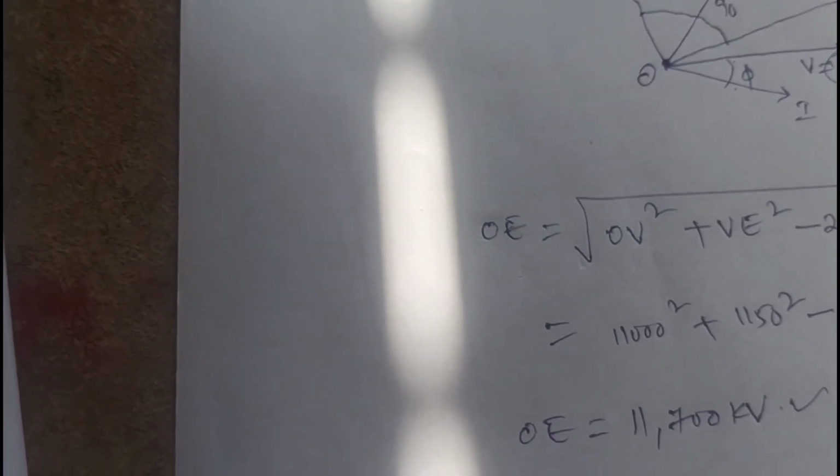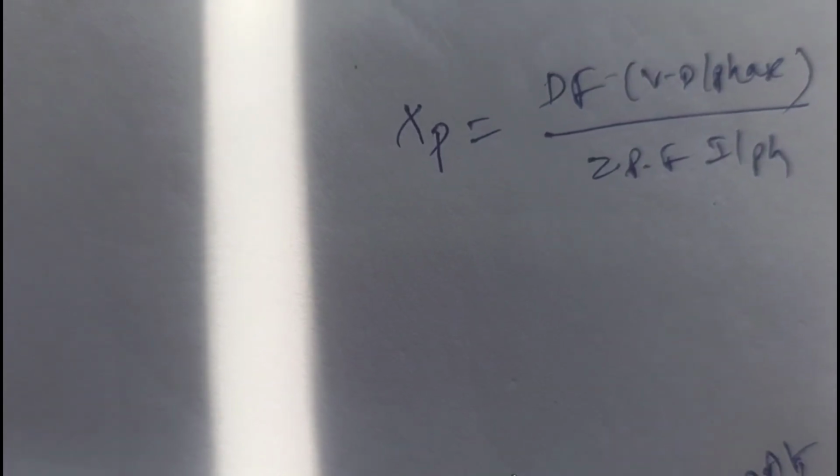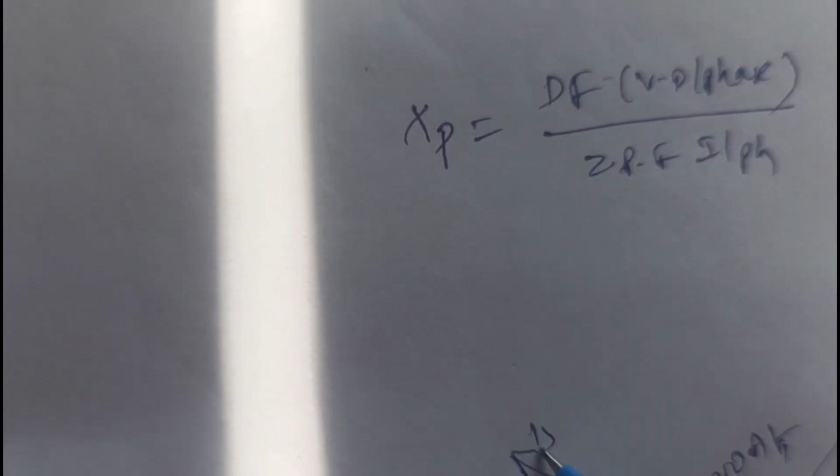Next, the DF value. From DF you get 15,500 ampere turns. From the vector diagram, this I1 is 31,500 ampere turns. Next, here is one more drop, 15,500 ampere turns.